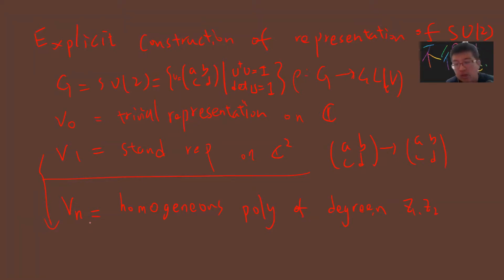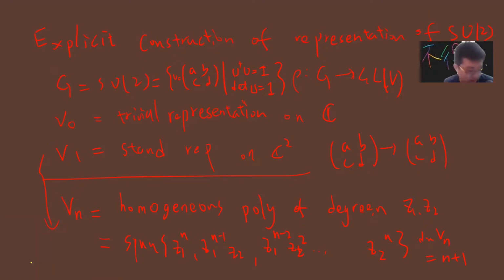This Vn is a vector space, because the sum of two homogeneous polynomials of degree n is still a homogeneous polynomial of degree n, and multiplying by a number is still a polynomial. It is spanned by z1^n, z1^(n-1) z2, z1^(n-2) z2^2, up to z2^n. So the dimension of Vn is just n plus 1.